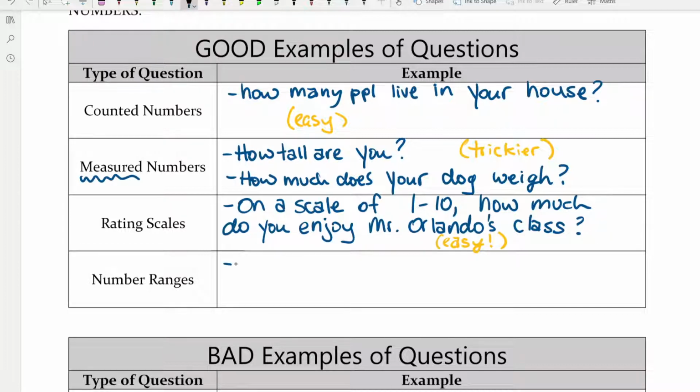Ranges would be how many days do you miss each semester?